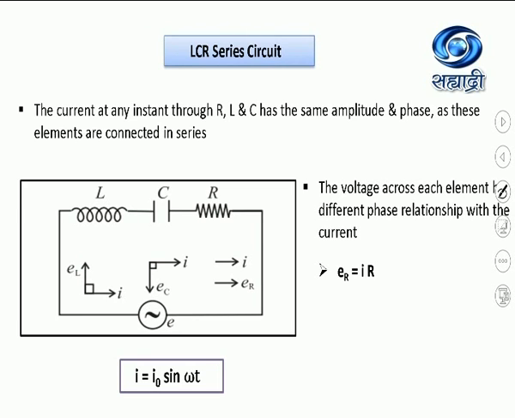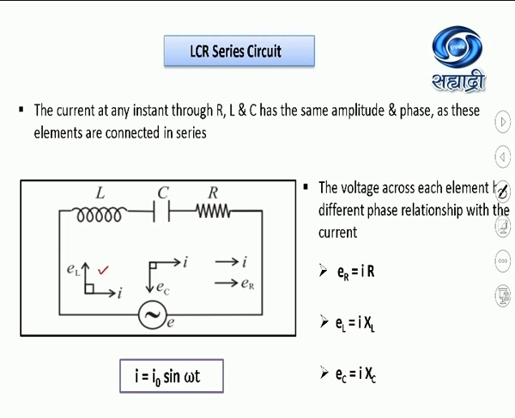The voltage across each element has a different phase relationship with the current. We know that in case of the resistor, EMF and current are in the same phase, and EMF across the resistor is given by the formula current into resistance. EMF across the inductor leads the current in phase by pi by 2 radians, that is shown in this diagram, and EMF across the inductor is given by current into inductive reactance.